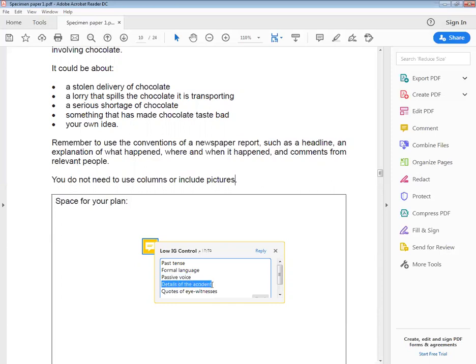When you start by telling me the details of the accident, remember to write them in the passive voice as much as you can. And of course, we should not forget to write quotes of eyewitnesses. We have to write at least 2 quotes of eyewitnesses.